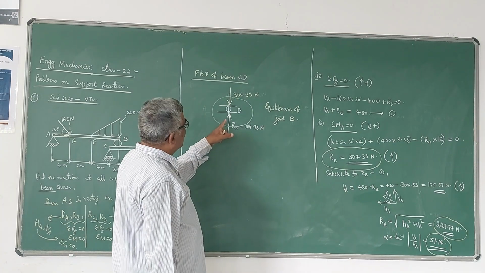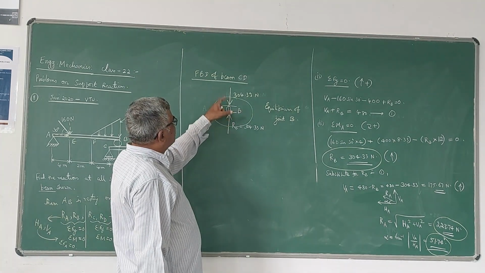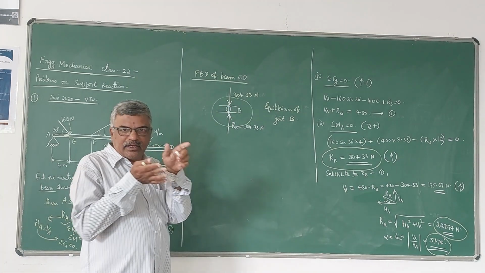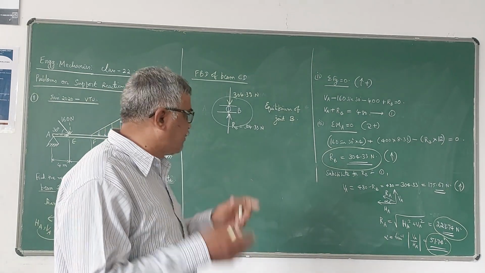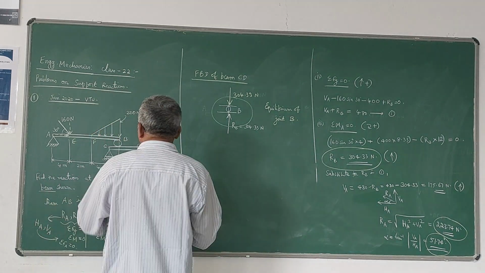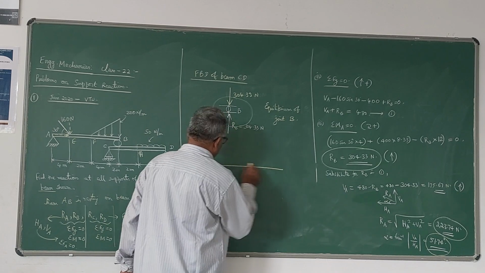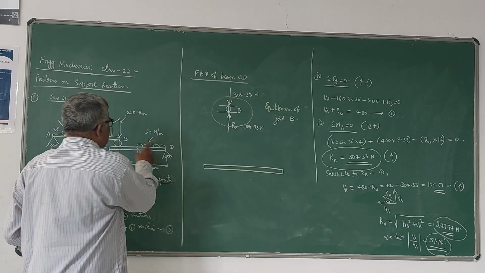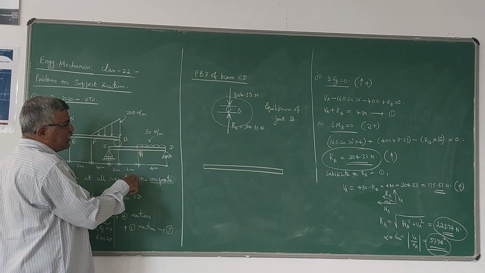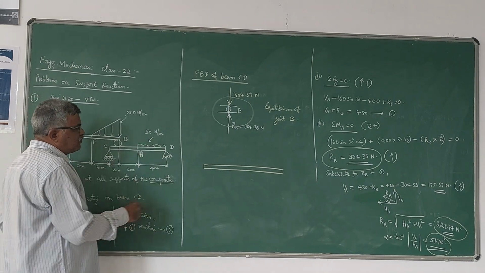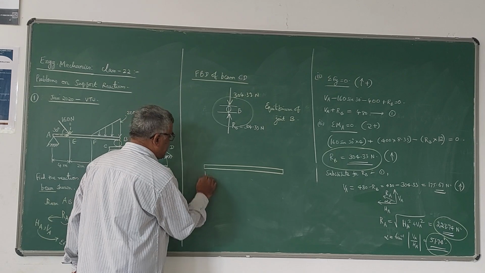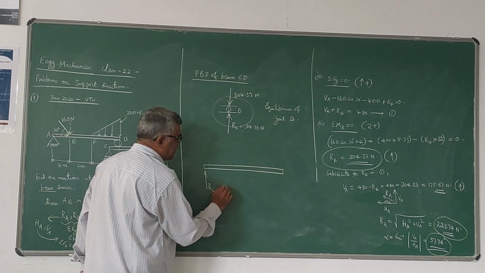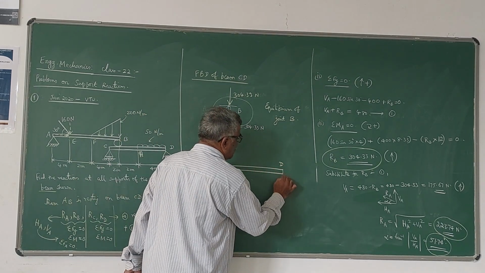So this is the internally developed reaction. This we are going to apply to get joint B in equilibrium. Now I will write the free body diagram of CD. This step is very, very important. Here you can see that on CD you have only UDL, that is vertical load only. Therefore, you have only one vertical reaction at C, and at D also you have only one.